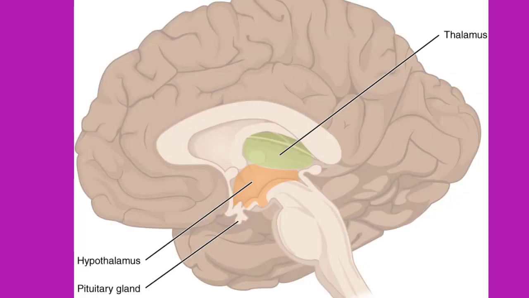The diencephalon is the one region of the adult brain that retains its name from embryologic development. The etymology of the word diencephalon translates to through brain, and it is the connection between the cerebrum and the rest of the nervous system, with one exception.